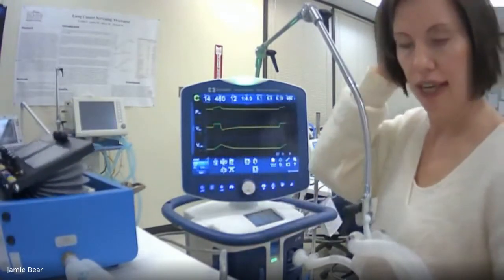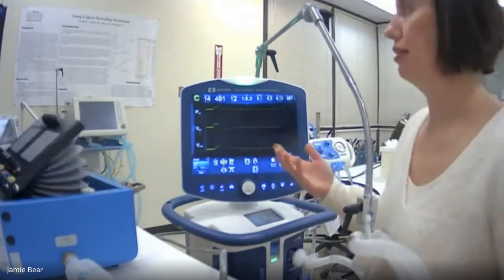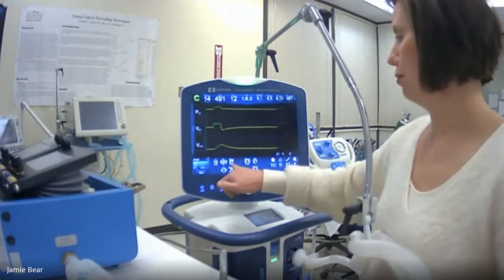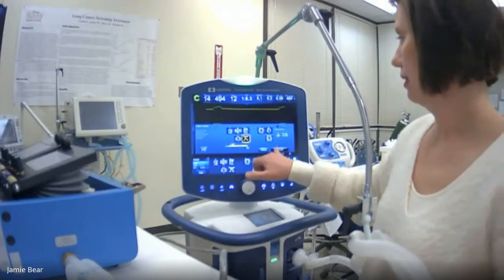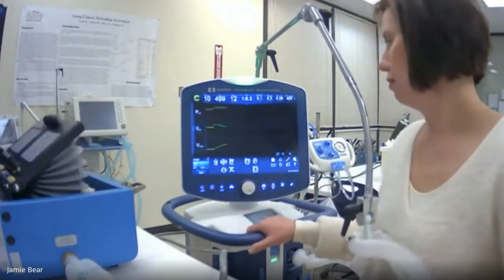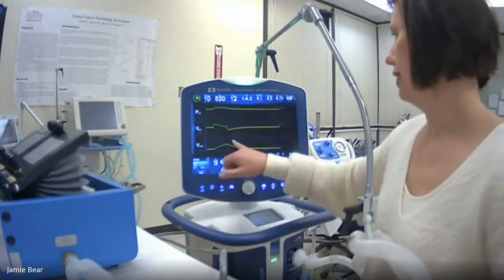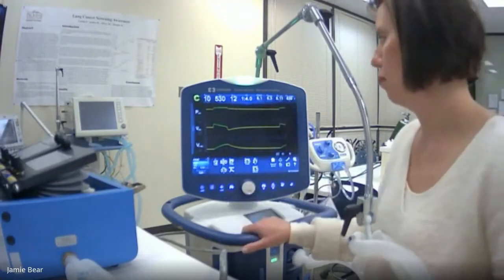That's usually typical of a volume control, but this ventilator's really nice, and so it allows you to have a decelerating as well. Okay, so we can see that we're in a 1:4 I:E ratio. Our PEEP's at 5, 8 mils per kilo.